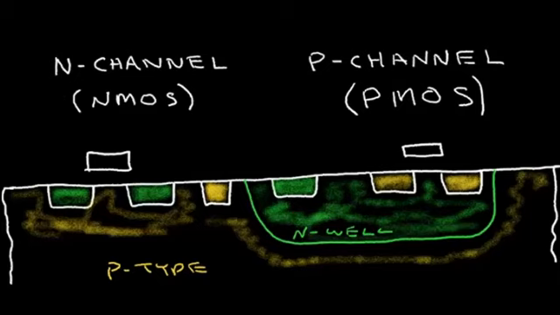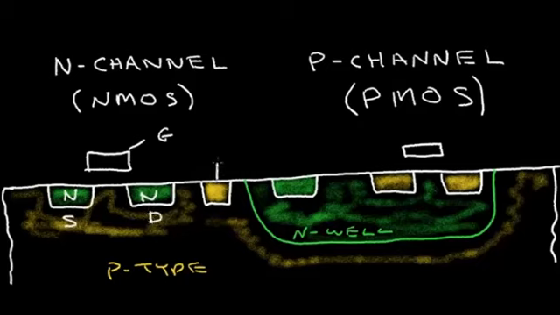So let's add some names to these terminals. This would be called the gate terminal. This N region and this N region are the source and drain, and they're interchangeable. The structure is the same, but I'll call this the source and this diffusion the drain.